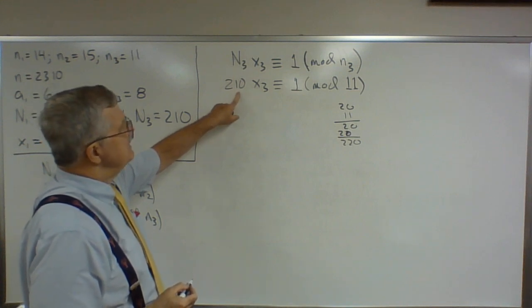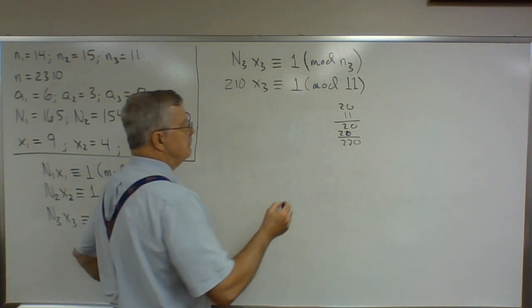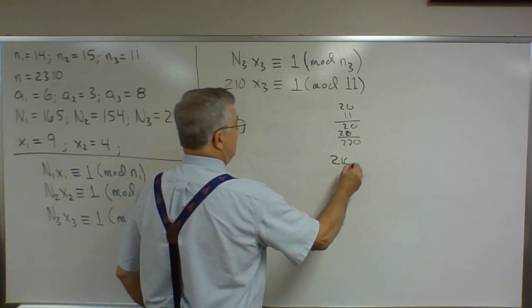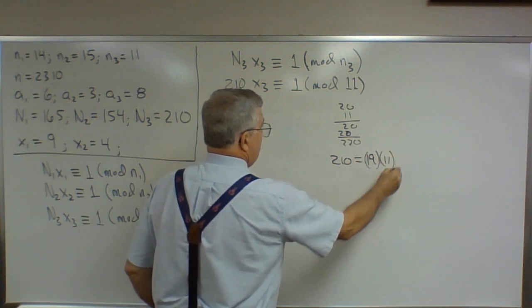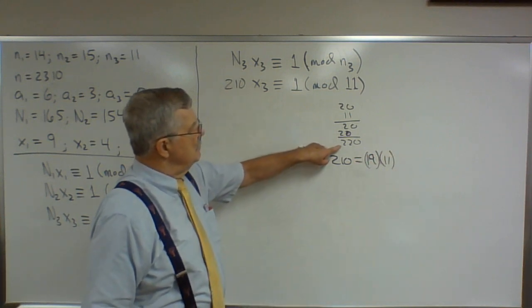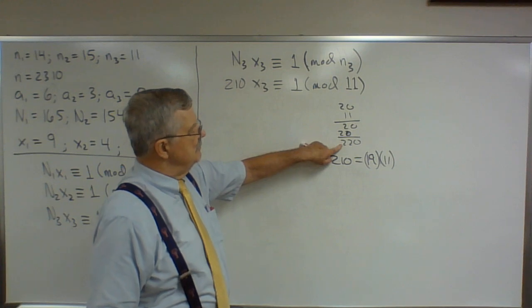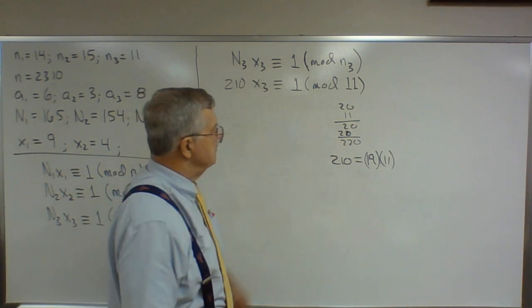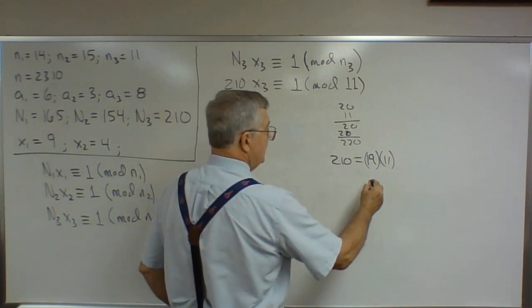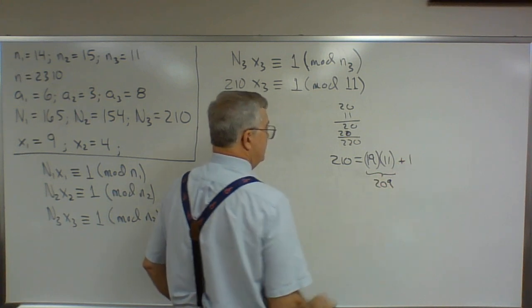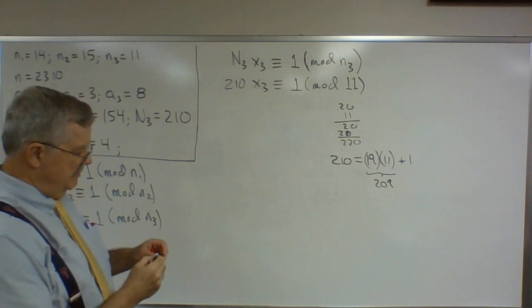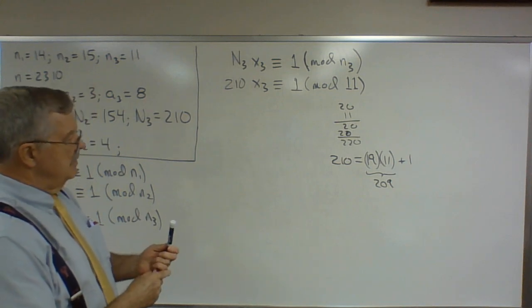But 19 times 11 will be 11 less than this, which is 209, with a remainder of 1. Son of a gun. Okay.